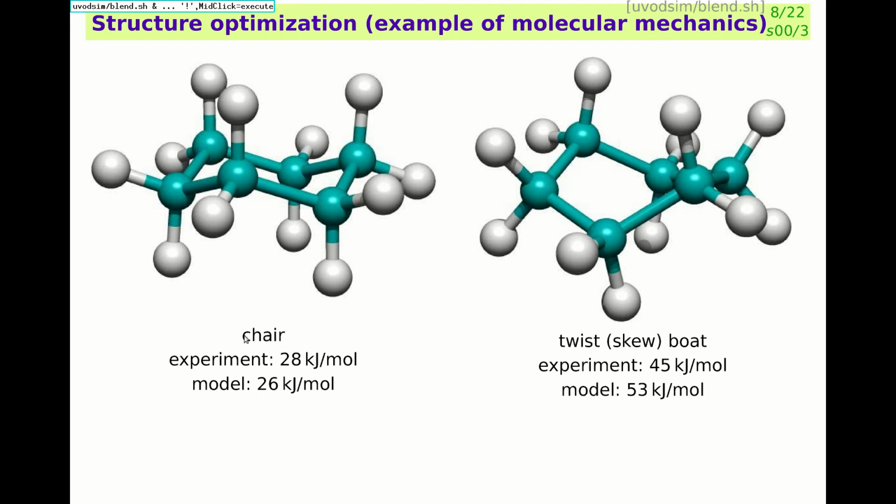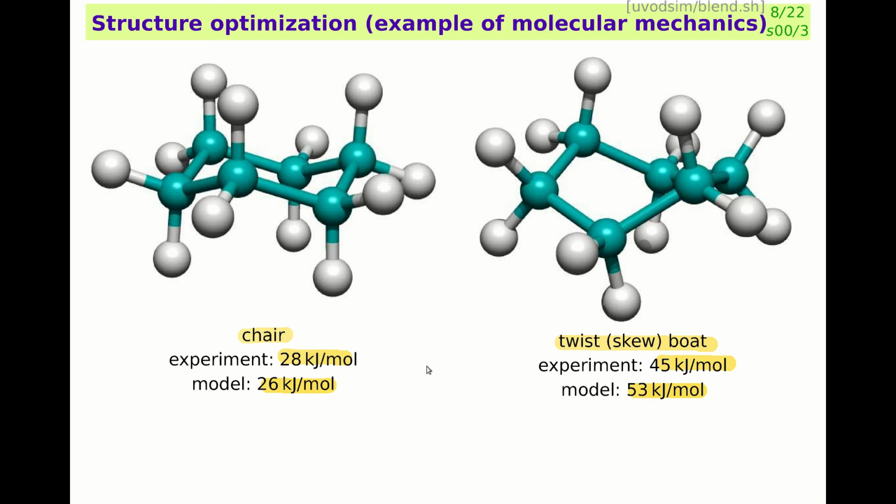One is a chair conformation and one is a twisted boat. This chair conformation has a lower energy. Here there is a certain experimental value and a model that you will see, which is not exact, but it is qualitatively right.